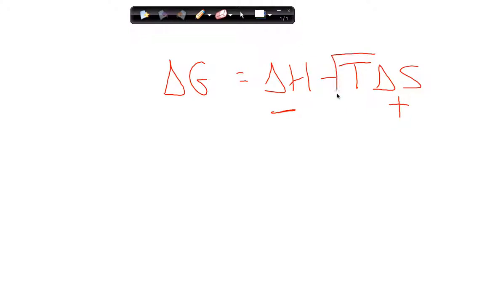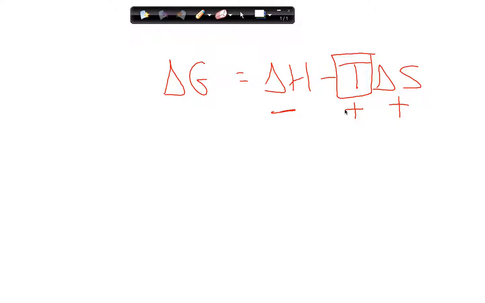Now guys, here's the trick. What does T represent? In Kelvin. So guys, if T is in Kelvin, what can temperature never be? Negative. So here's what we've got. Negative delta H means spontaneous, exothermic. Positive delta S means spontaneous, disorder goes up. Temperature can never be negative because it's in Kelvin.